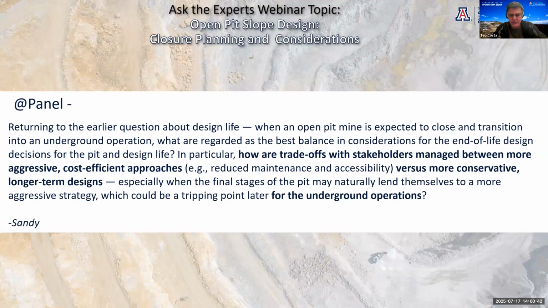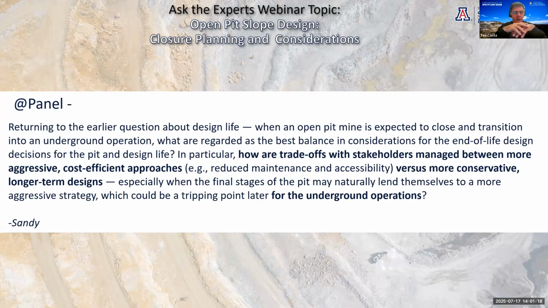Yes, I just want to point out a final thing related to being more aggressive when you are at the end of the mine. Generally, you do the contrary, because all the failure mechanisms produced during the life of mine are concentrated and more difficult to solve, and more cost effective when you are at the end of the mine. So usually when you are reaching the final design of the mine, we are normally less aggressive in order to have the final slope stability.